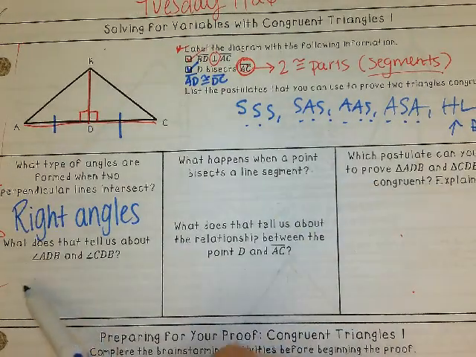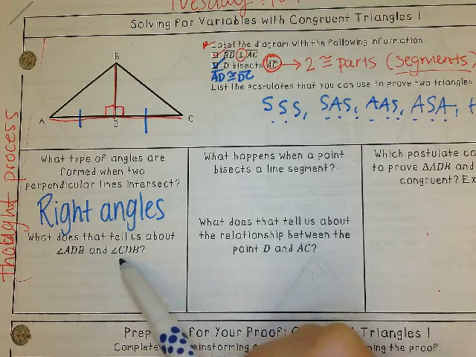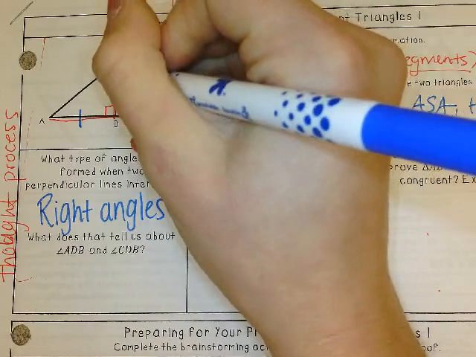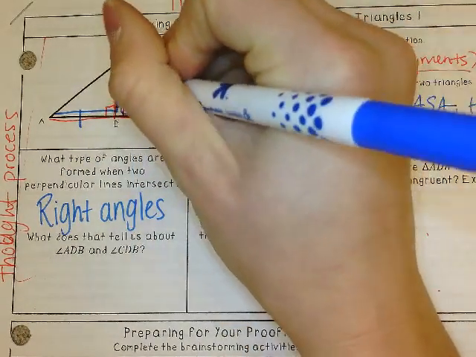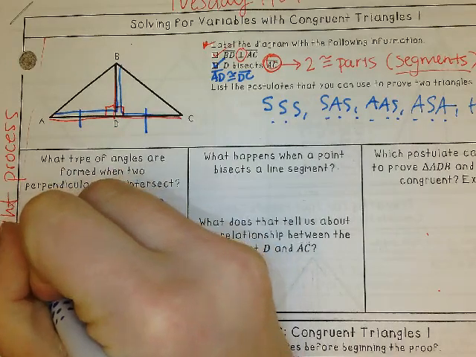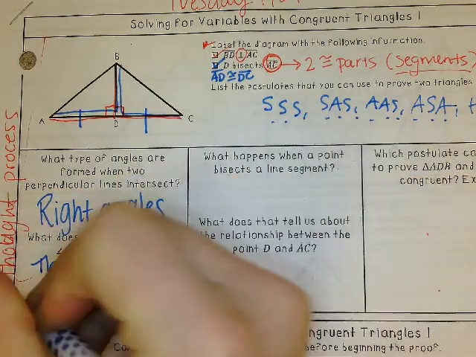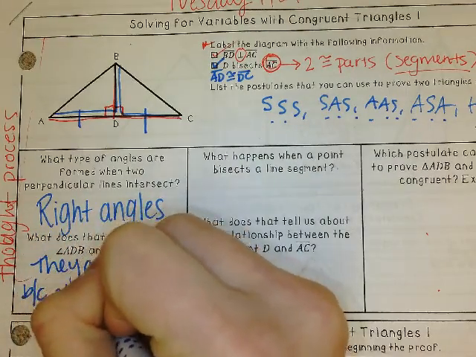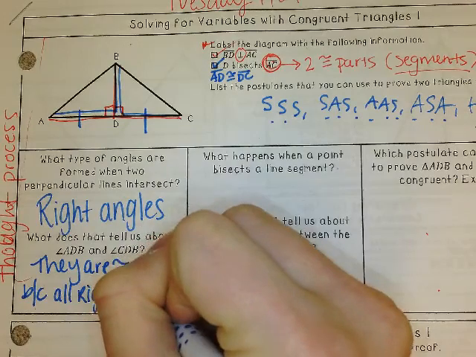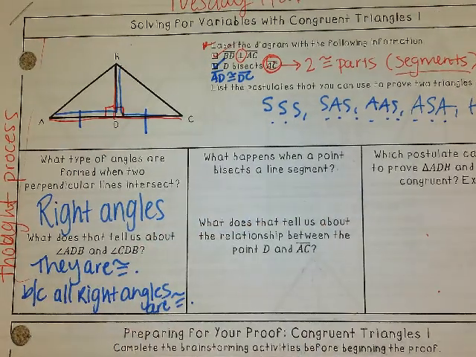Let's see, what does angle ADB and what does that tell us about those two angles? ADB and CDB. Okay, that means they're congruent, because all right angles are congruent since they're all 90 degrees, right?